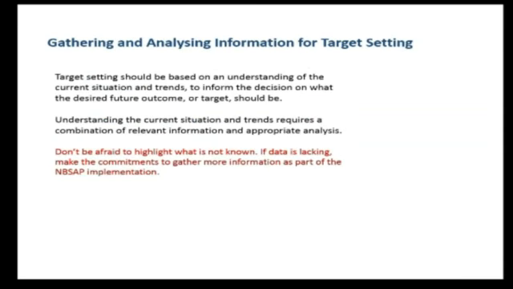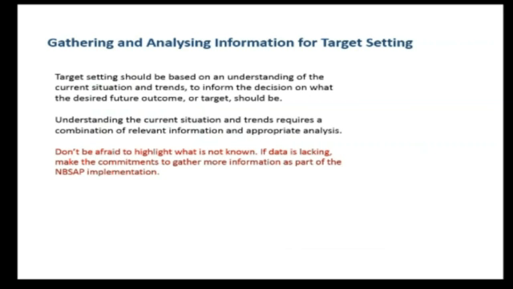Now, moving to gathering and analysing information for target setting. Target setting should be based on an understanding of the current situation and trends of the subject to inform decisions on what the desired future outcome or target should be. And so that understanding requires a combination of information analysis.